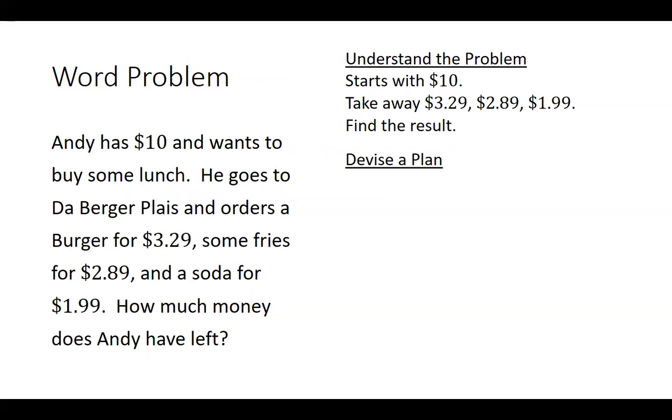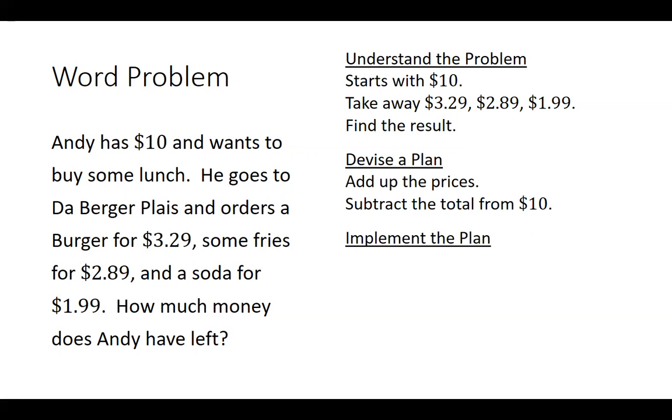So now we devise a plan. Well, how are we going to do this? Well, one way is we can add up the prices. We know that he's going to spend $3.29, $2.89, and $1.99. So add them all up and we know how much he spent overall. And then we can subtract that total from $10. So there's our plan.